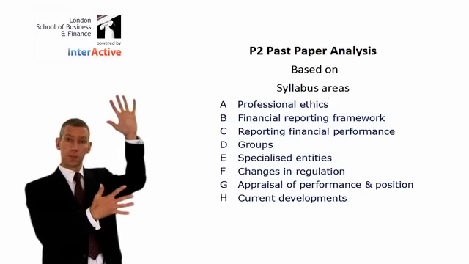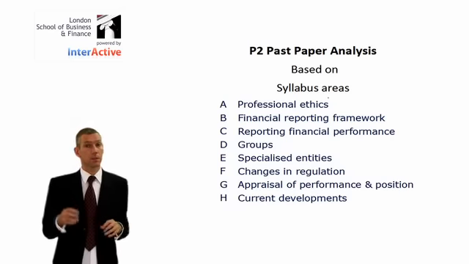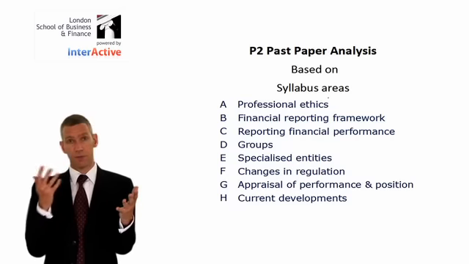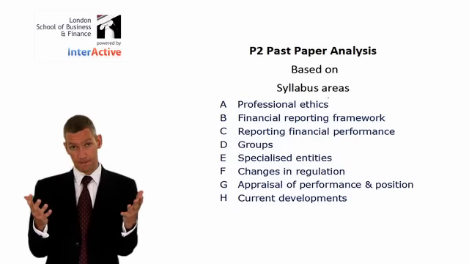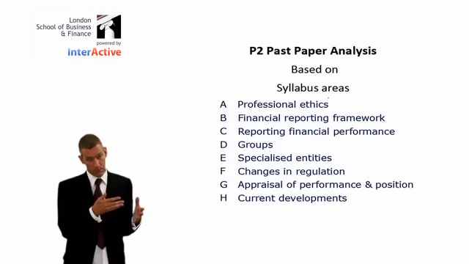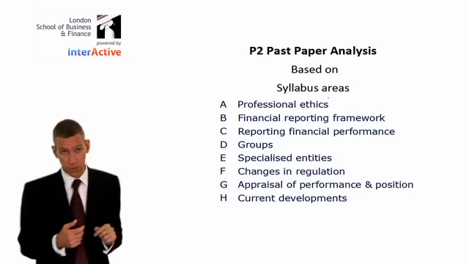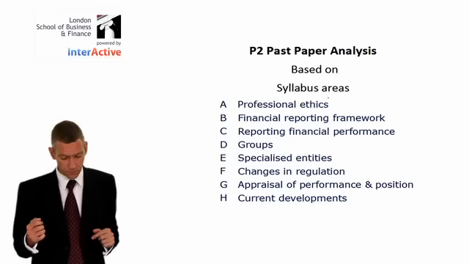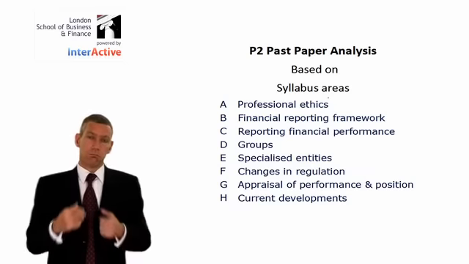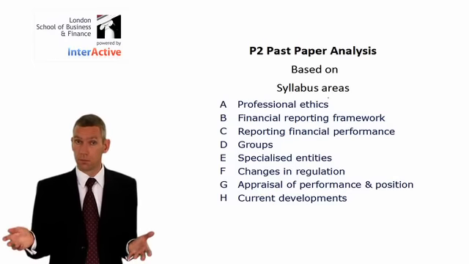So the parent tells the subsidiary to treat some of its leases as operating leases rather than finance leases. Okay? In order to push the finance off balance sheet and make the subsidiary more attractive. You okay so far? It's tricky, this, isn't it? And the requirement is discuss. 6 marks. Okay? That's a lot, isn't it?